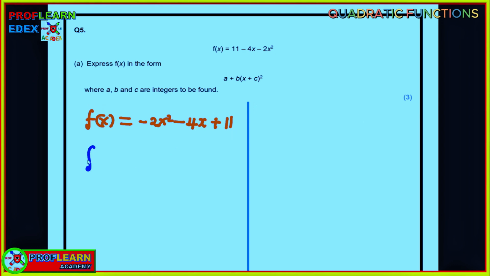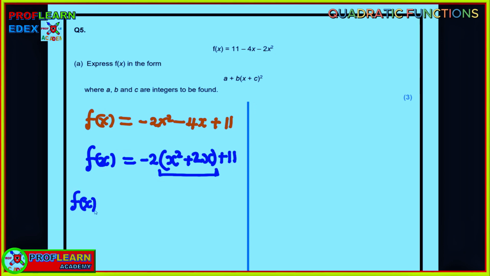Now, if we are having f of x like that, we can factor out negative 2 and then have x squared plus 2x plus 11.